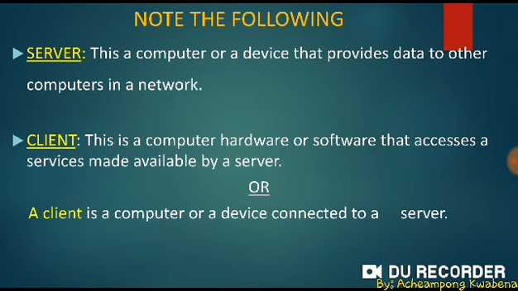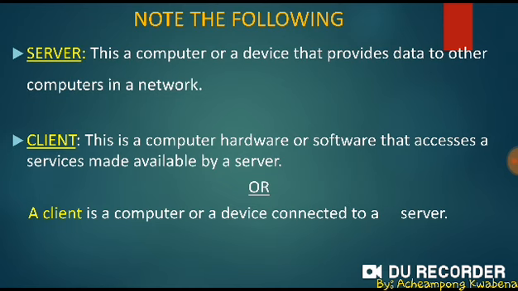Now let's take note of the following terms in computer network. We have server and client. When you talk of a server, we are referring to a computer or a device that provides data to other computers in a network.